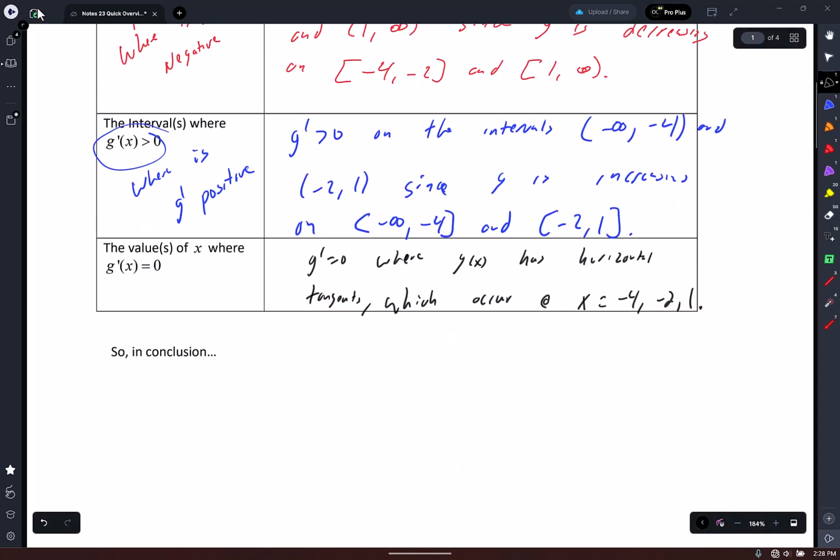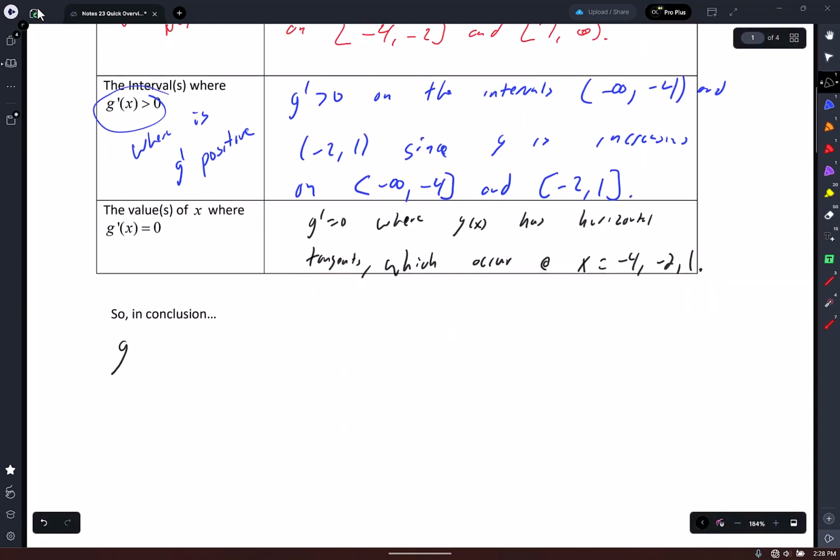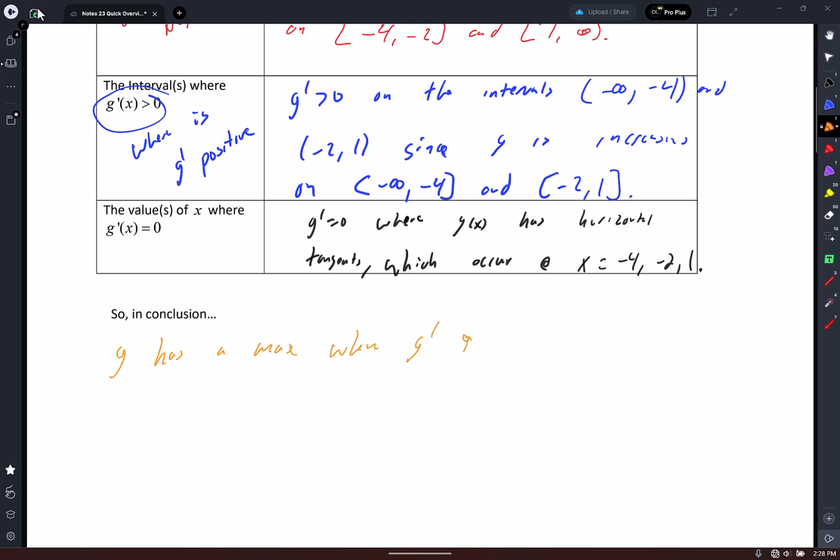So in conclusion, you're going to write, let me write it in a neutral color: g has a max when g prime goes from positive to negative.